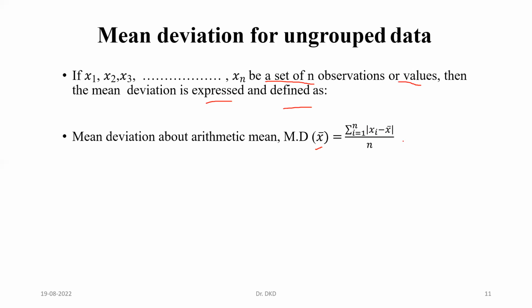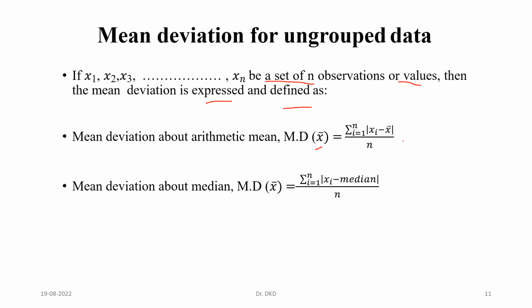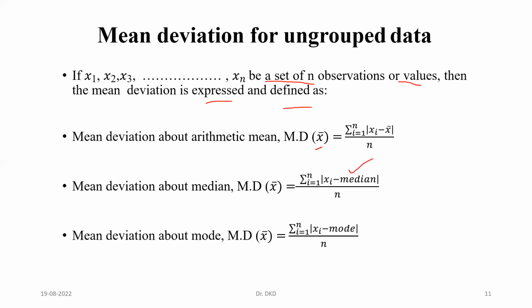So this is the mean deviation about the mean. We can also calculate the mean deviation about the median using the same formula, only in place of the mean we use the median. In the same way, for the mean deviation about the mode, we use the same formula and take the mode in place of the mean.